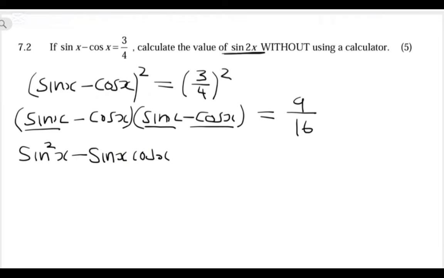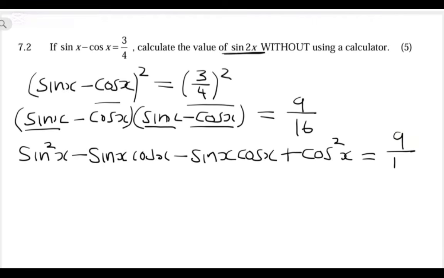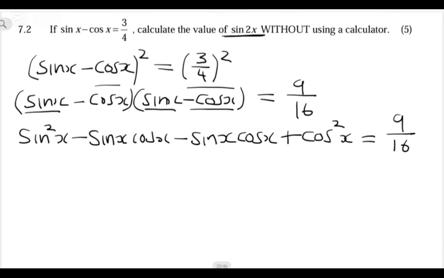And then this one is going to give us negative sine x cos x as well. And then negative cos x multiplied by negative cos x is going to give us positive cos squared x, which equals 9 over 16. Perfect.